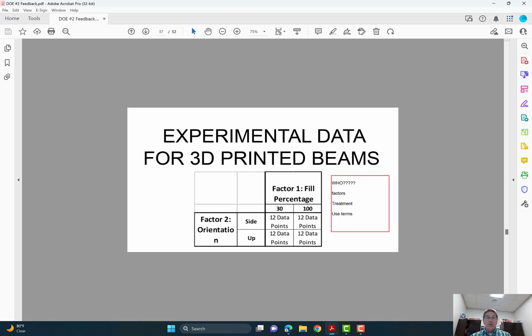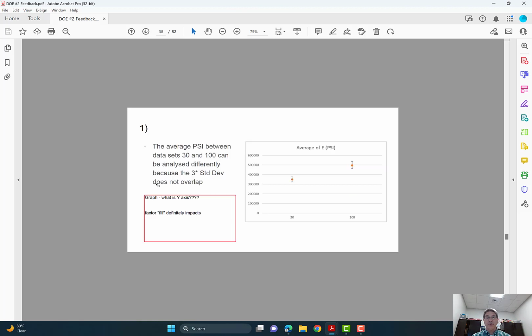But the thing I wanted to point out on here is use the correct terminology. This is for all of you. These are factors. That's a treatment. So side 30, you have 12 data points at each treatment. So use those terms as you're drawing your conclusions, where you find, okay, the factor fill percentage definitely matters. The factor orientation does or doesn't matter for 100%, or does or doesn't matter for 30.